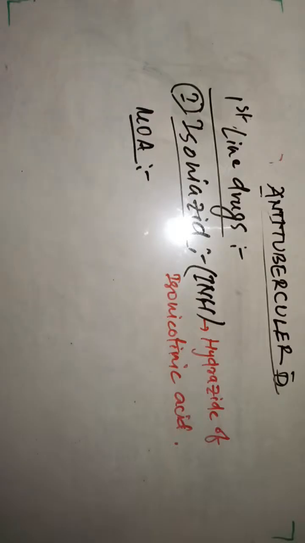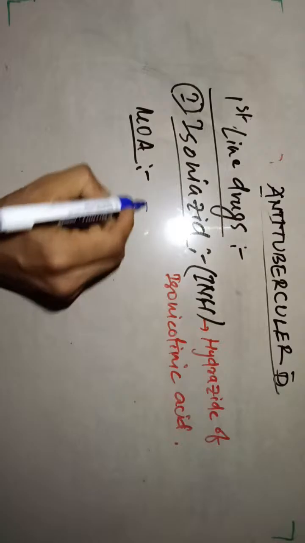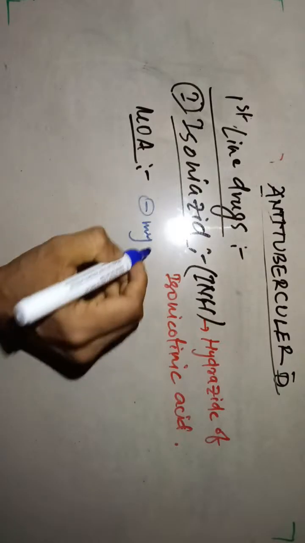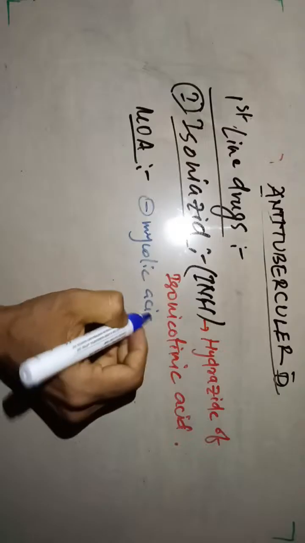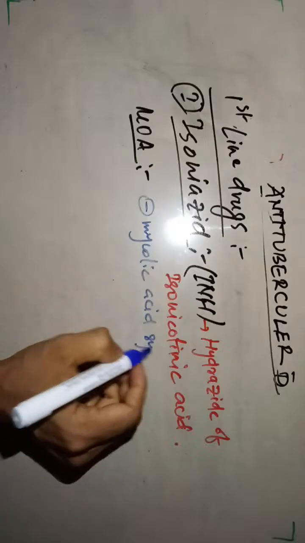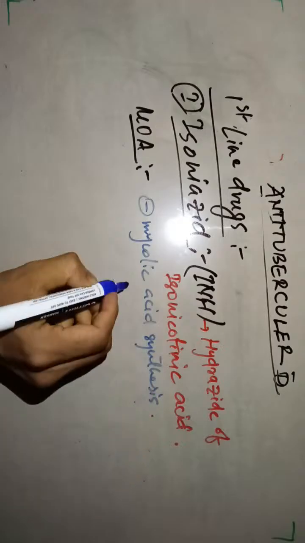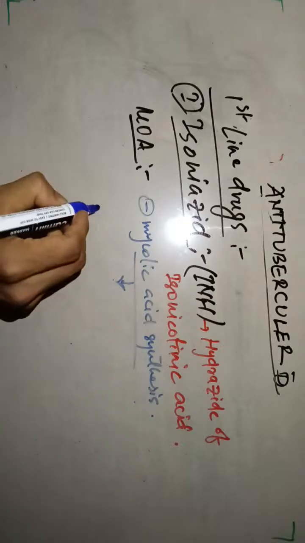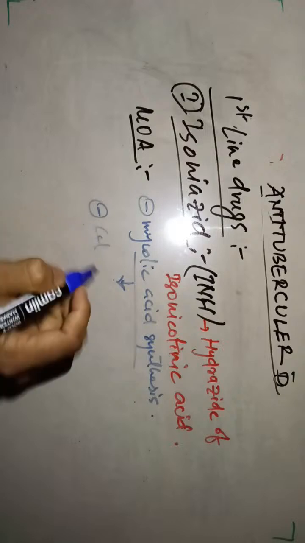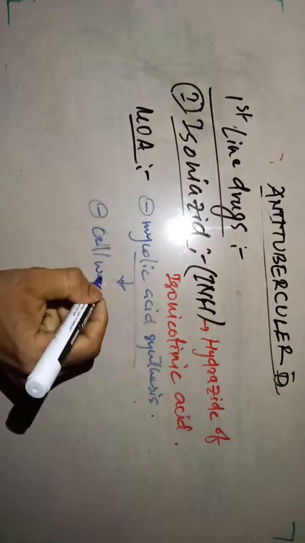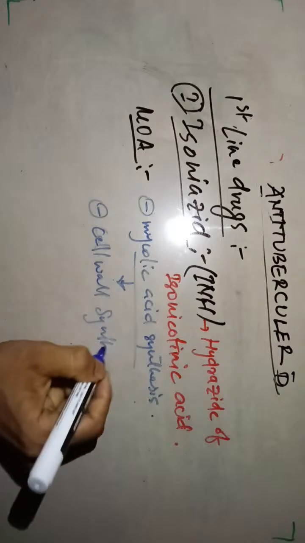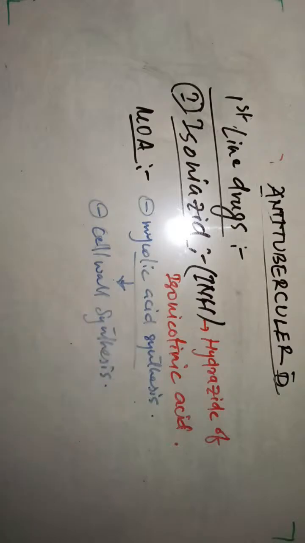Isoniazid will inhibit mycolic acid synthesis, which will lead to the inhibition of cellular synthesis.